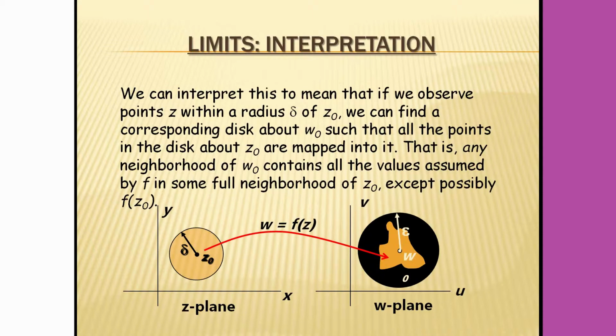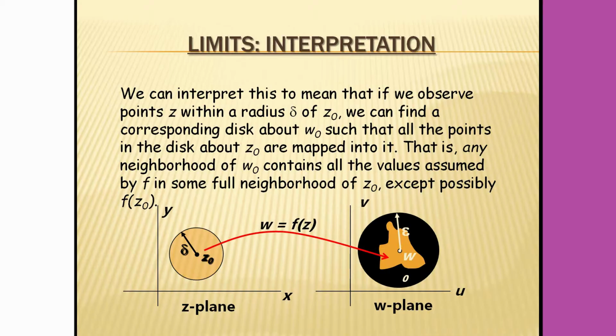Now how is it going to be defined, as shown in the figure, you may observe here. In the z plane, you have taken a set of complex numbers. In the w plane, you have taken another set of complex numbers. You have defined a mapping, w is equal to f of z. Then how is that limit concept going to be defined? It is clearly observed there.